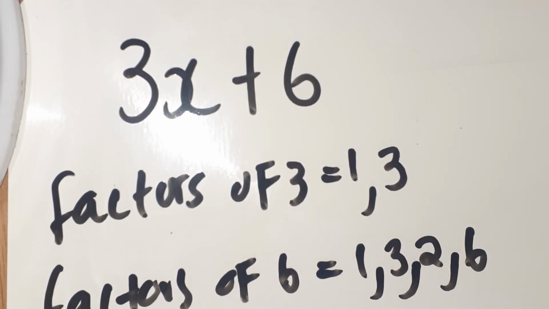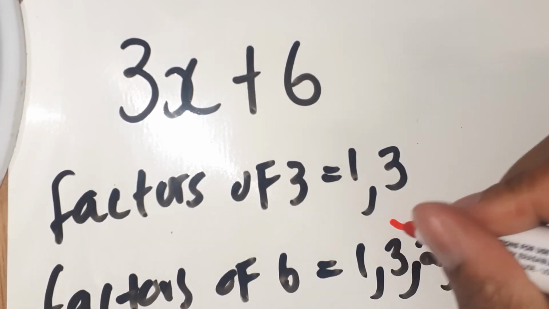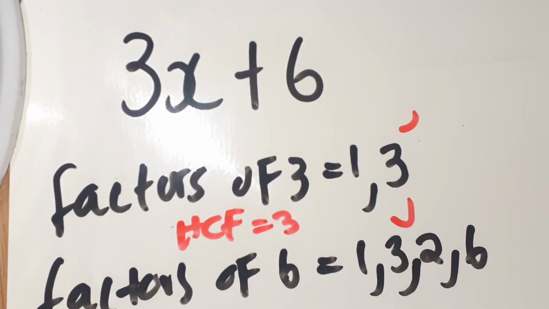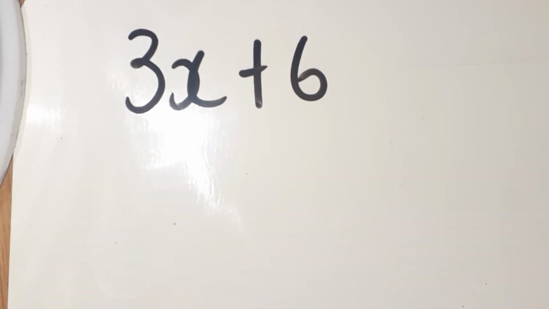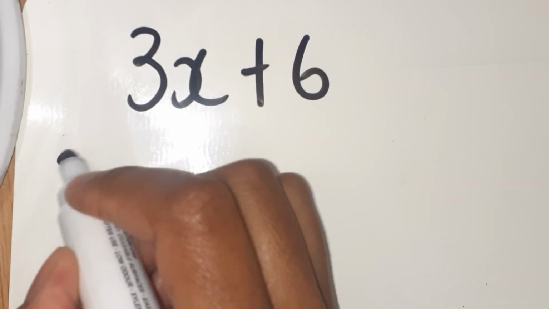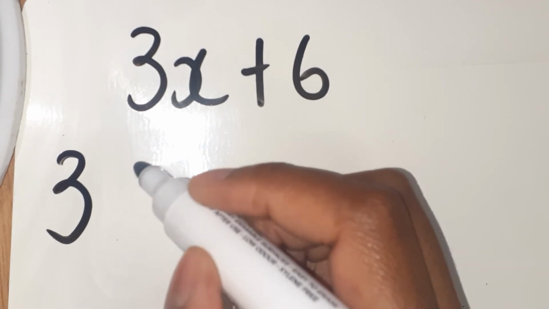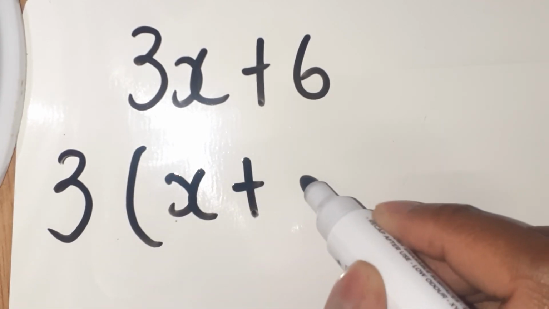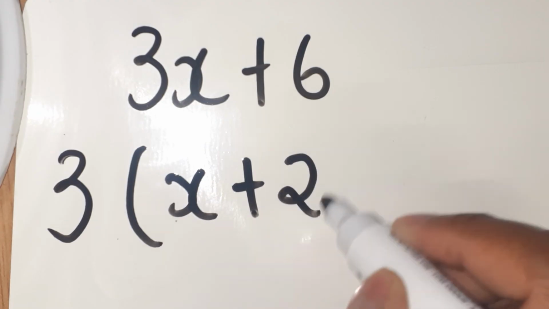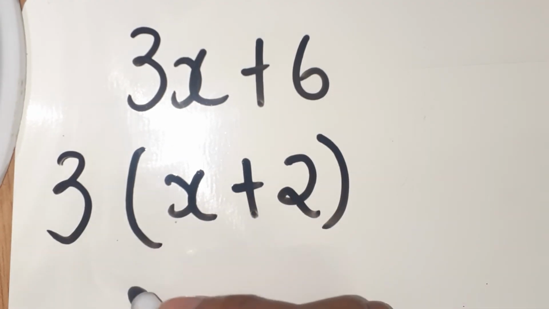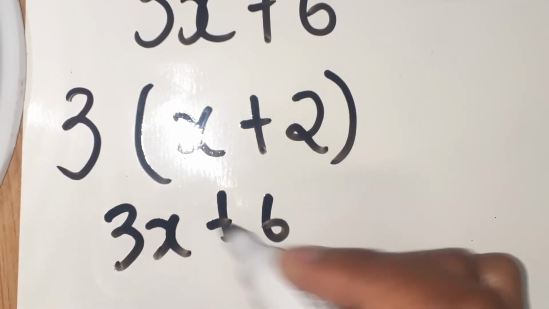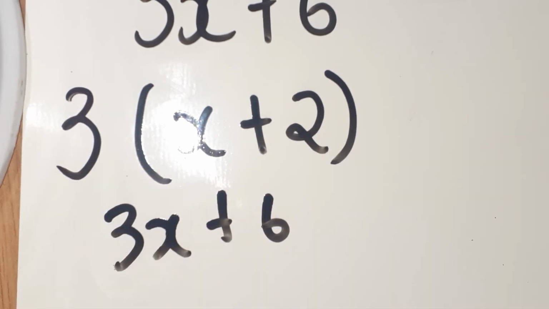And then the highest one is 3. The highest common factor equals 3 between these two. So obviously outside you will have 3. Then inside you will have x, and then here you will have 2. So 3 times x, that will be 3x plus 6. 3 times 2, it's 6.